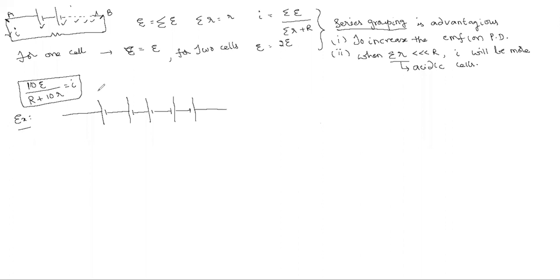I'm taking the EMFs as 10 volts, 12 volts, 18 volts, 6 volts and 4 volts. The internal resistance of each you take as 1 ohm. It is connected to a 5 ohm resistor in the circuit. External resistance capital R is equal to 5 ohms.